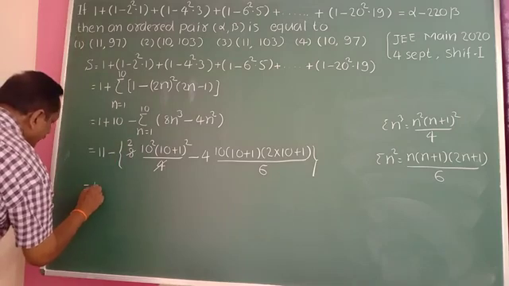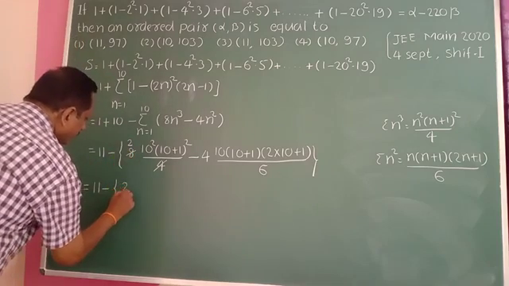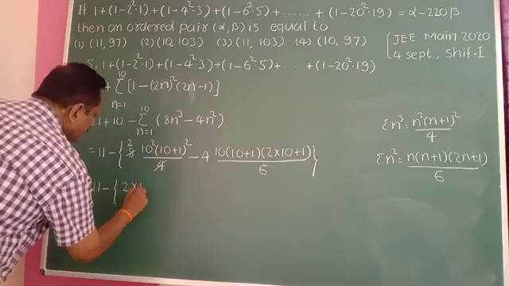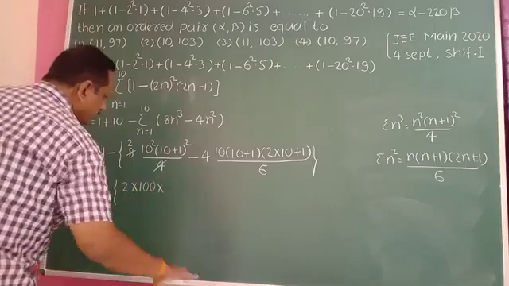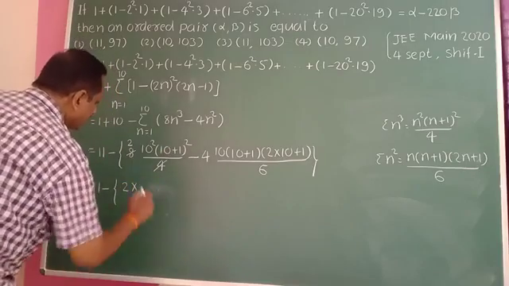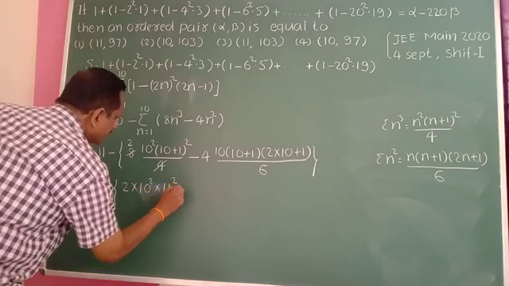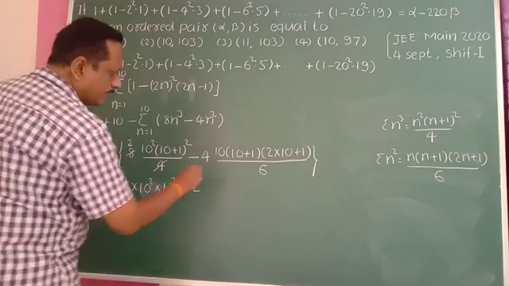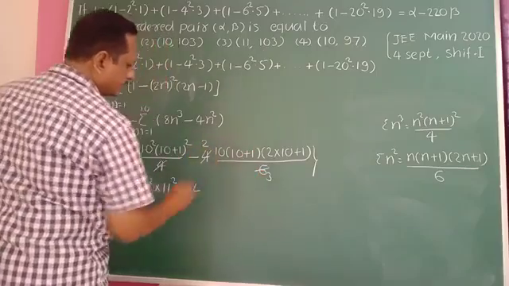Therefore this is equal to 11 minus of then 2 into 10 square is 100. 10 plus 1 is 11, 11 square. Therefore, 10 square as it is here into 11 square. Then minus, you can cancel: 2 ones are 2, 2 twos are 4, 2 threes are 6.